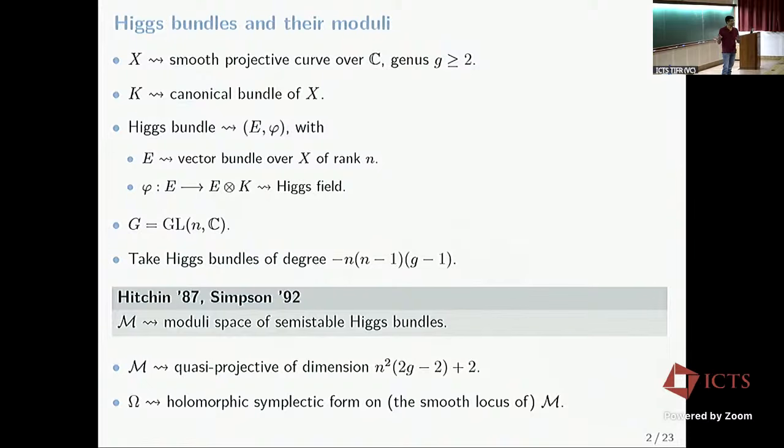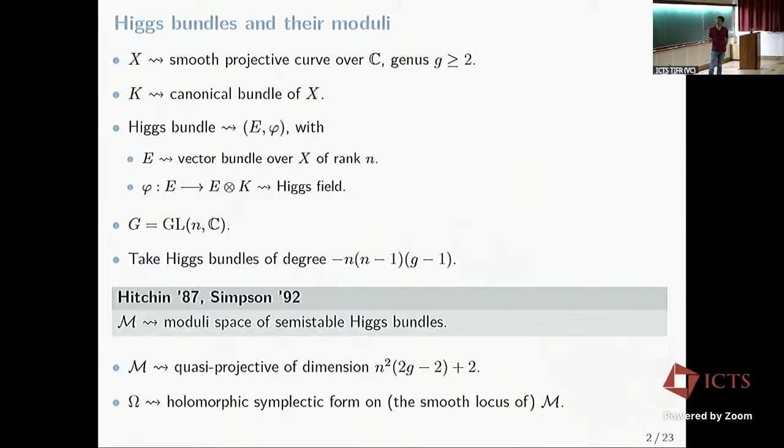It's not very important. And here's the moduli space of semi-stable Higgs bundles, this curly M, introduced by Nigel Hitchin in the 80s and Simpson also in the 90s. So this is a quasi-projective variety of this dimension.